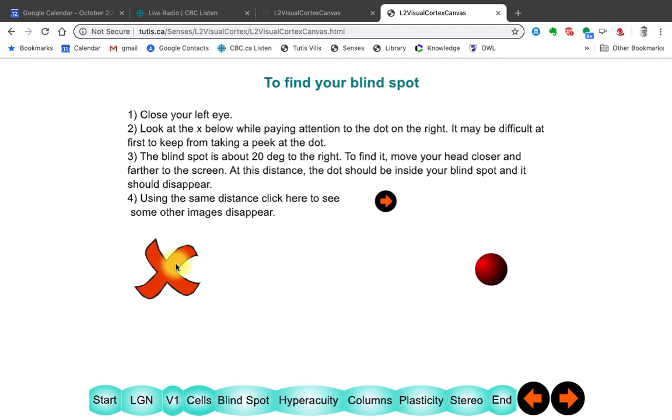So if you put your eyes about the same distance and look at the square X, you should not see the dot, this red dot. You can do the same thing with paper. Okay? It disappears.